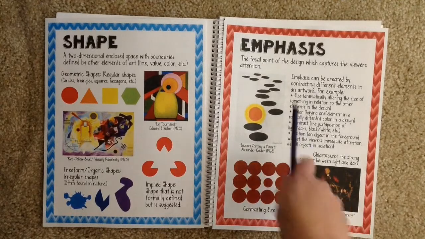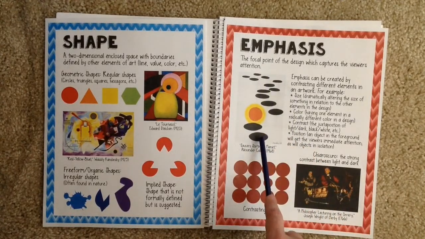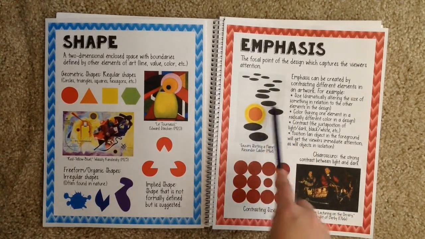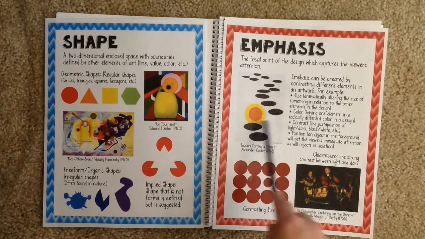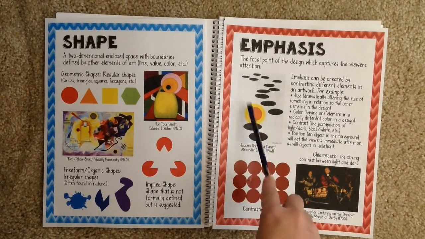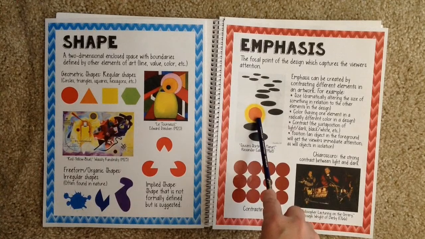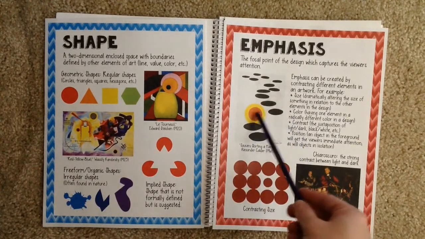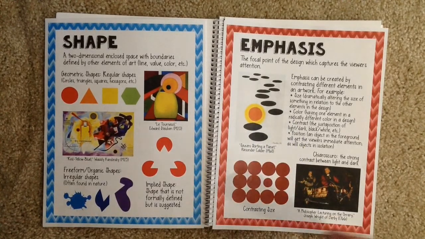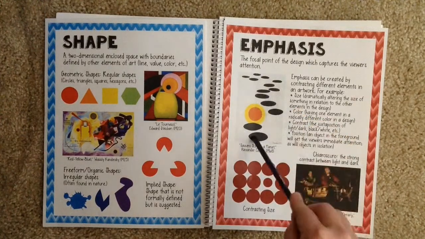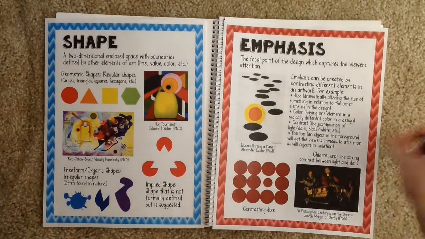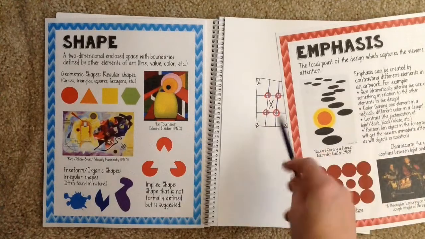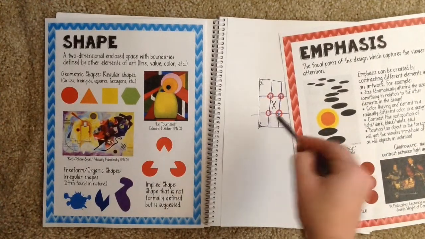So if you look right here with this geometric composition, you know that the students all got this correct, that this is the emphasis. This is what catches your eye first. One, it's contrasting shape and color compared to the rest, but if you were to draw the rule of thirds on there, it would fall on this hot spot right here.